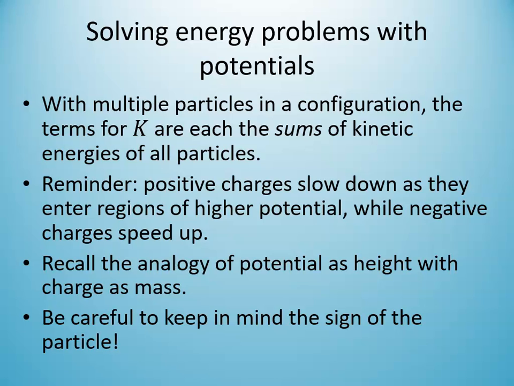Also, be very careful about the sign of the particle. A favorite AP exam trap, especially on the multiple choice section, is for them to talk about an electron, or say like a fluorine ion that has had an electron added to it or something like that. And then the particle would be negatively charged.